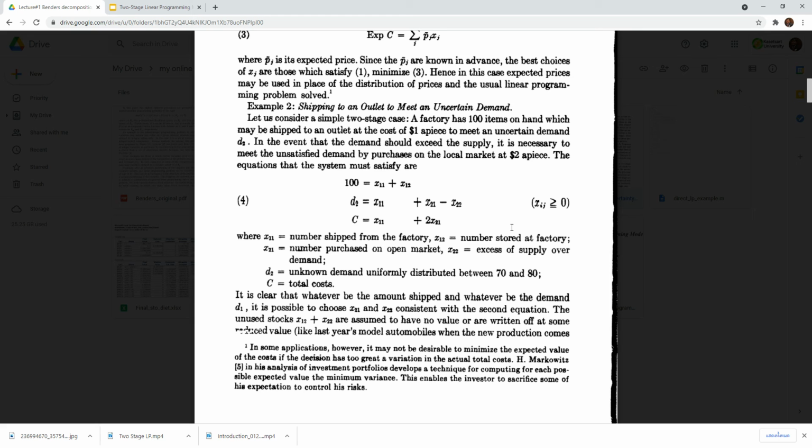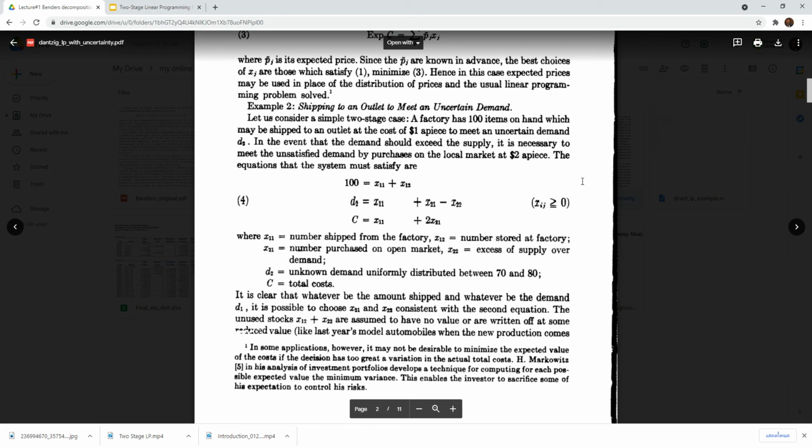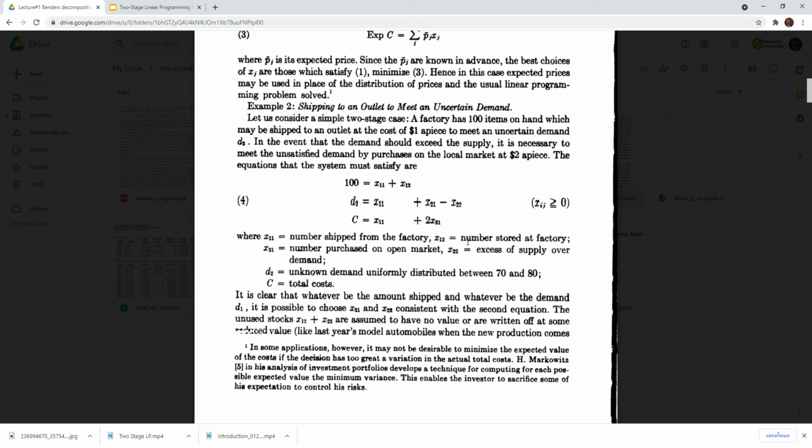The answer is no, because as I told you, in reality only one situation will happen. Therefore the objective coefficient of 2 here needs to be the average. Certainly $2 a piece, but for each scenario the expected cost has to be 2 divided by 21.